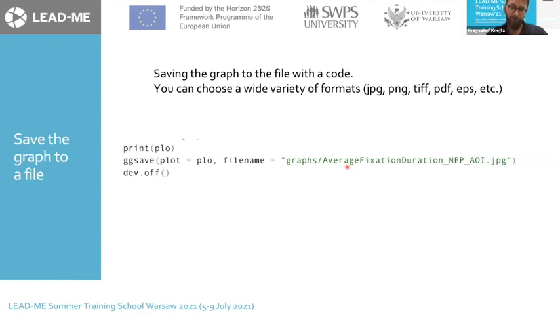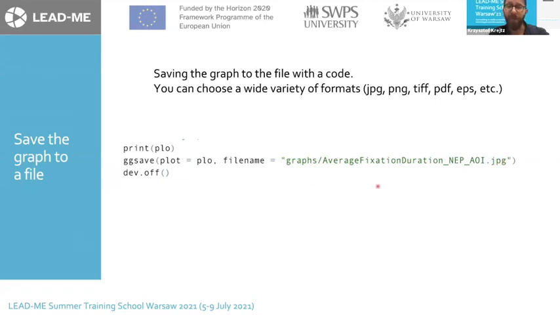Or if you love coding, you can save the graph with the ggsave function. So you print it first, then you type ggsave, what you want to plot, give the file name, where you want to store it, and in what format. Let's say JPEG.